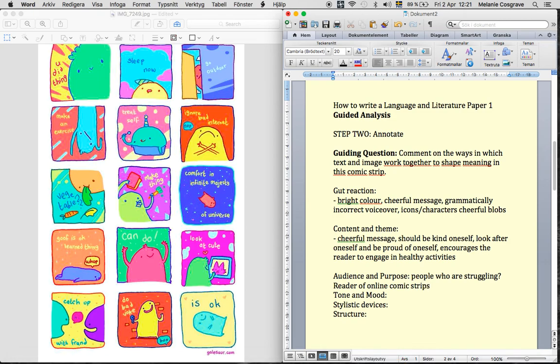There's not necessarily a lot that we can say here that's going to enhance our analysis. However, the purpose, again, is to encourage those who are struggling, and it is to, more specifically, to encourage healthy actions.